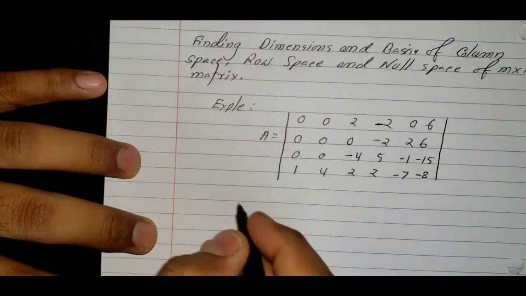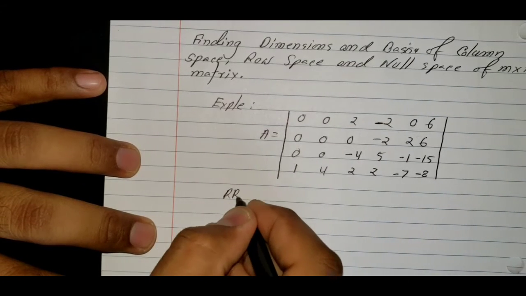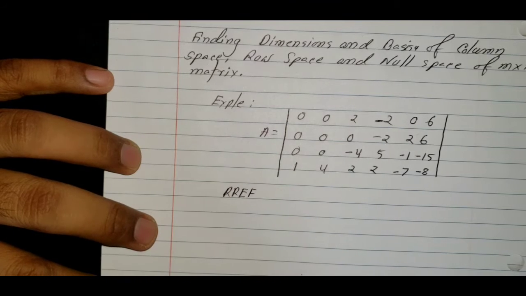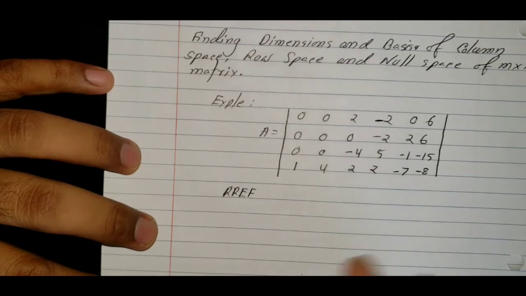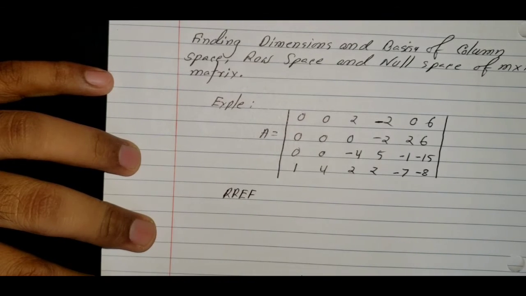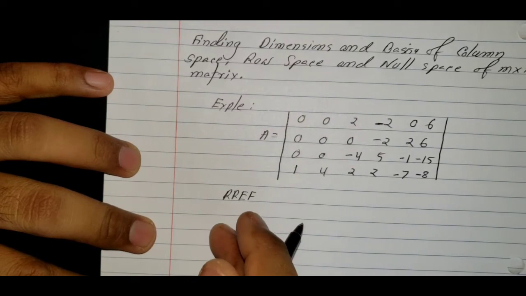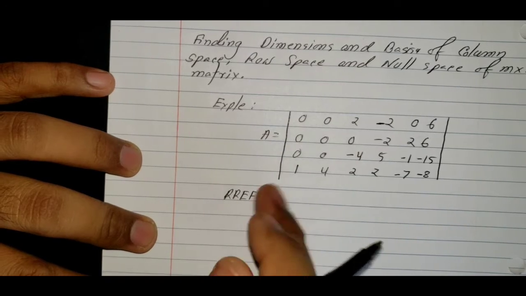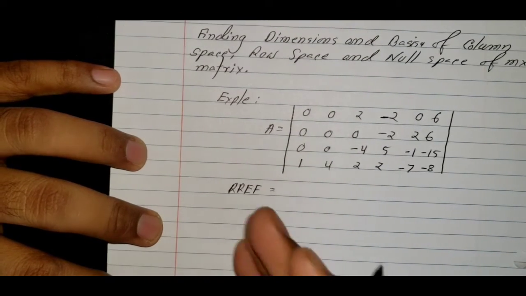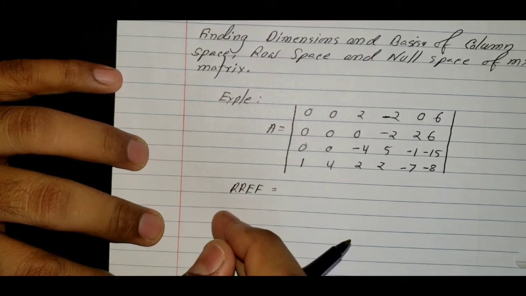Now, if you do the reduced row echelon form, how to find the reduced row echelon form is a separate video. You can check that out, or you can use some online calculator to find the reduced row echelon form. That will also be helpful for you. But you need to know how to find the reduced row echelon form of the matrix.